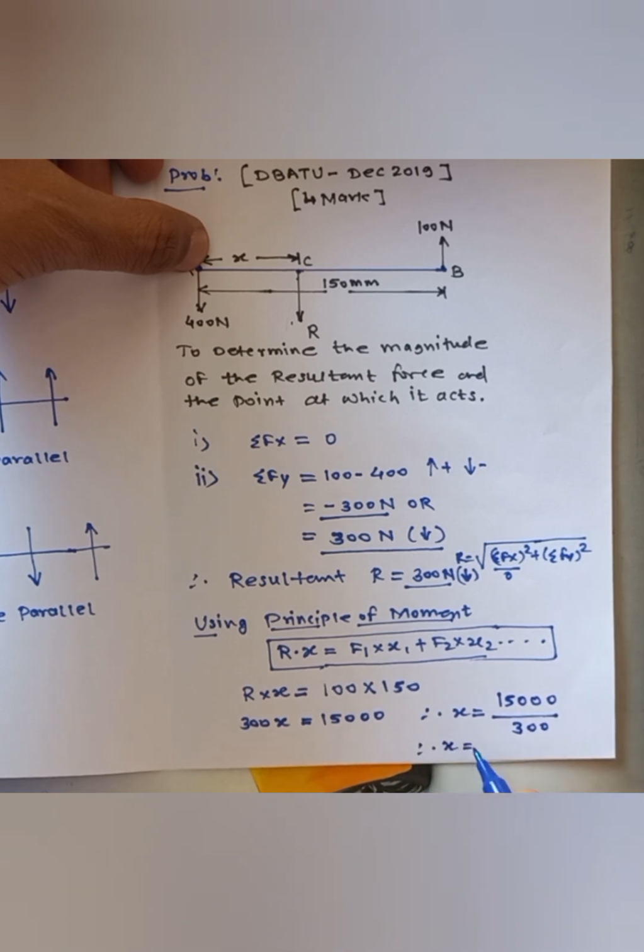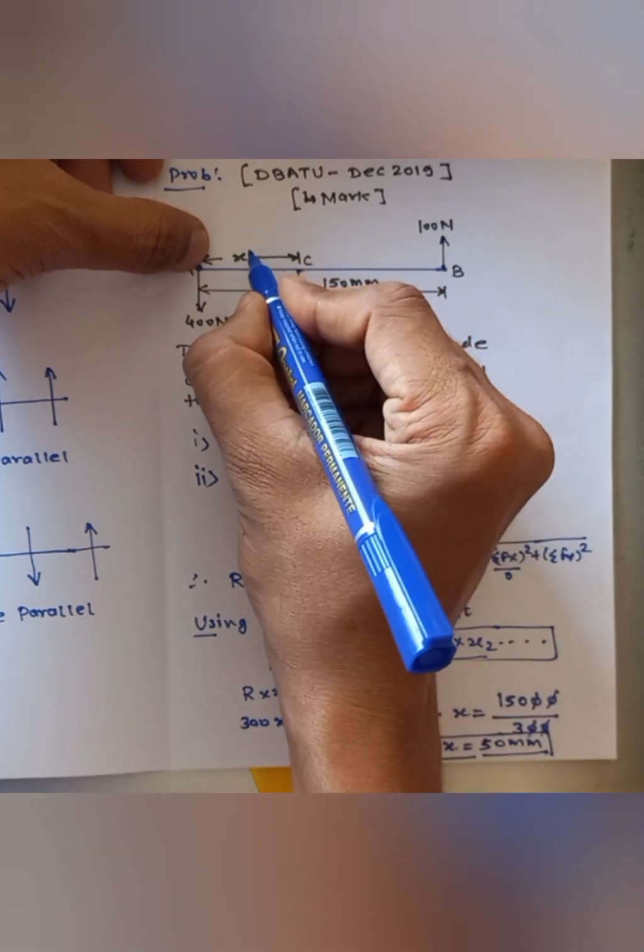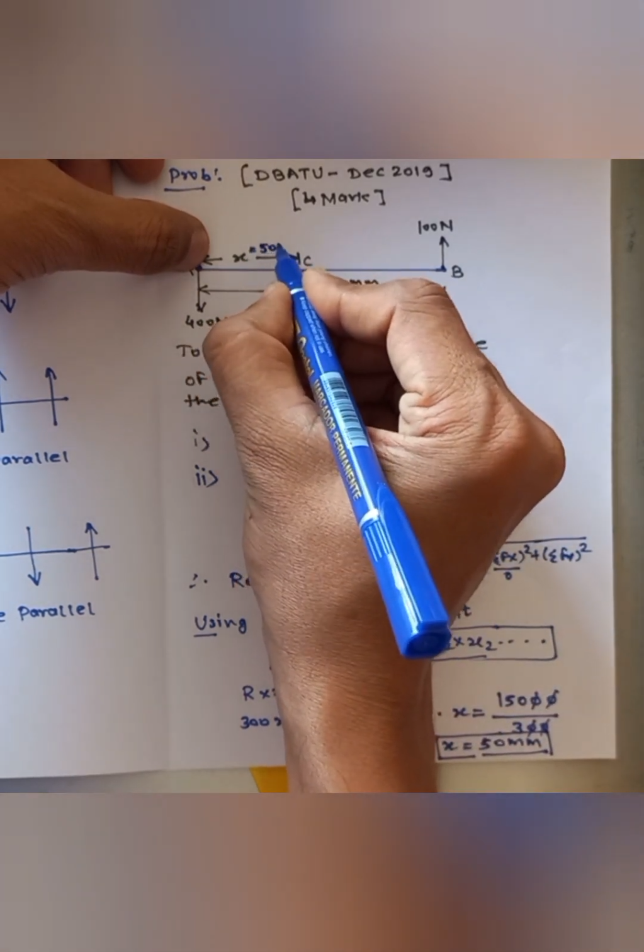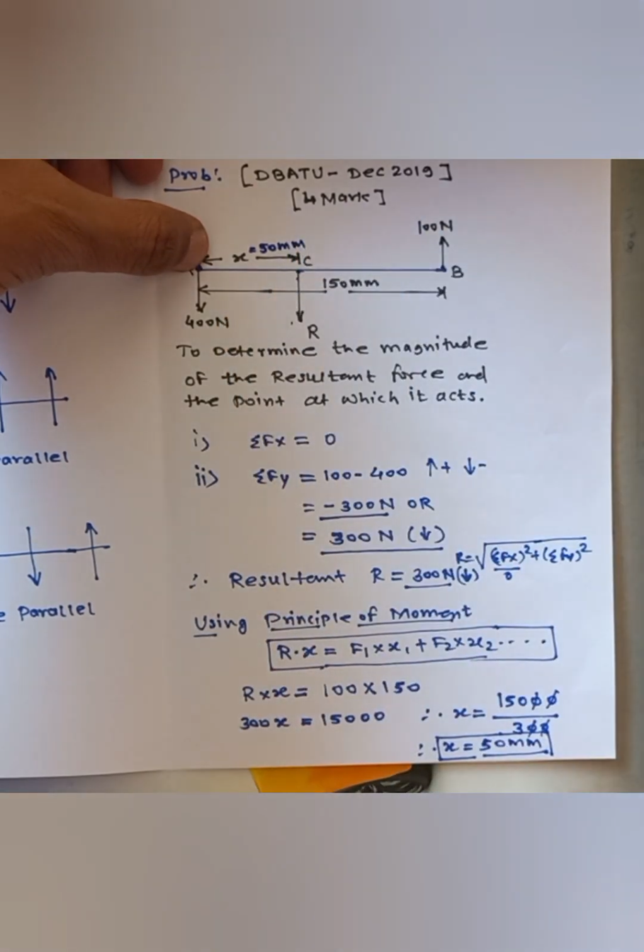Hence you will get the position of resultant. 20 has gone, so 150 divided by 3 is 50 mm. So this is a very simple problem. So we got this x distance, that is 50 mm from A. So you can write here from A, right? So this is the solution of this problem.